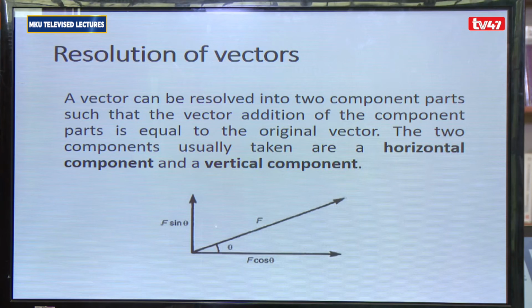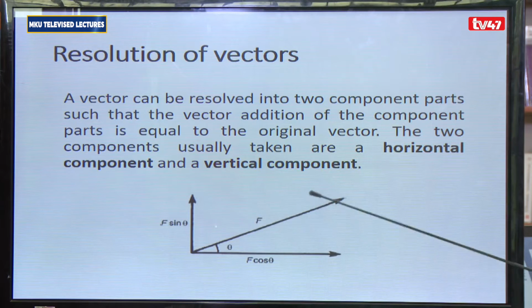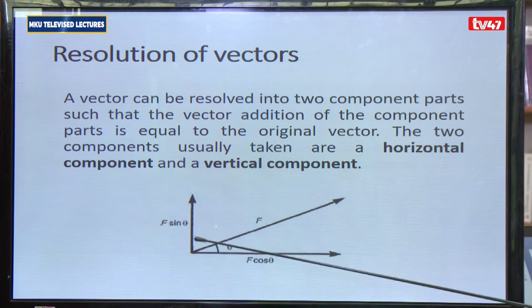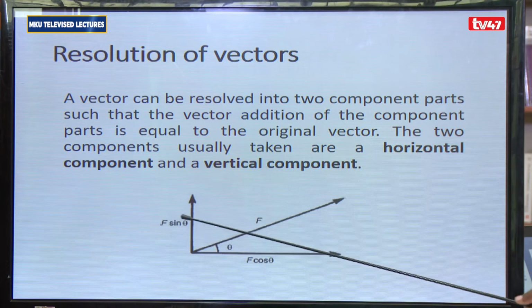From trigonometry, the sine of this angle is given by opposite over hypotenuse, and this opposite is the same as this side. So this side is going to be f, the hypotenuse, times sine of the angle.